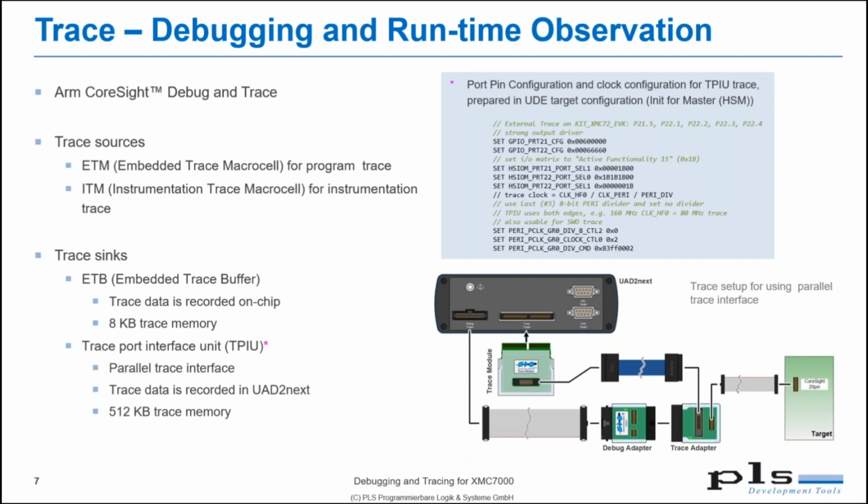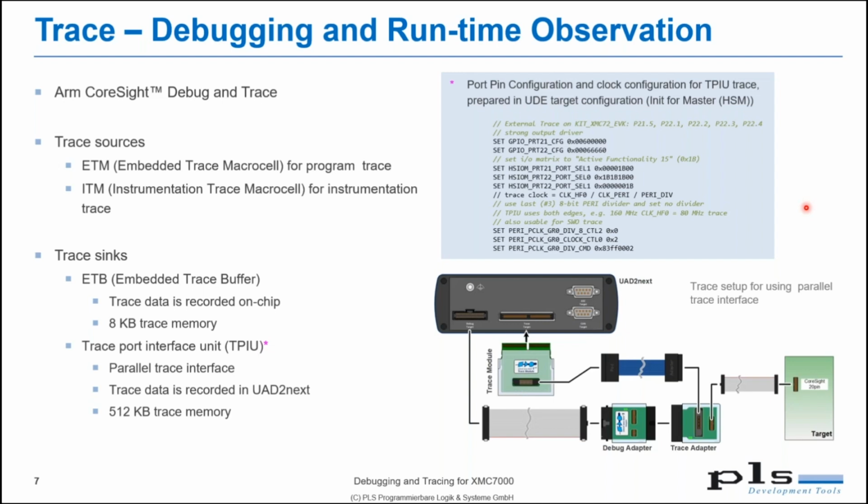For using the external trace option from our side, as mentioned before, the UAD2 Next is necessary, together with a trace module that can be plugged in, which handles the target communication and the trace port. And for using the parallel trace port, you need to set up the target a little bit differently, because the trace pins are shared with the port pins of the device.